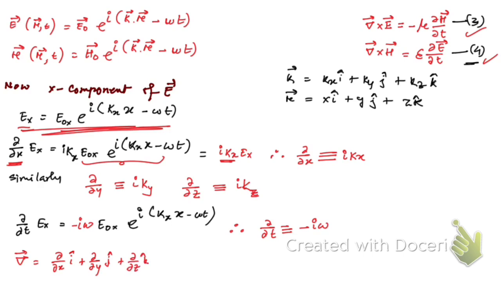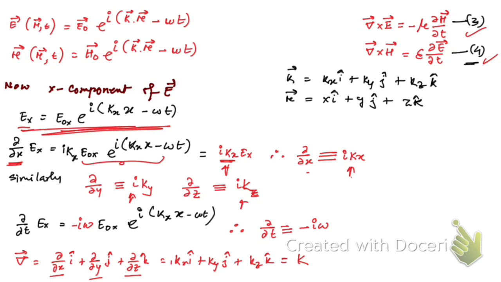If we replace del x, del y, del z by these operators ikx, iky and ikz, then this will be of this form: kx i cap plus ky j cap plus kz k cap, which is nothing but the vector k.